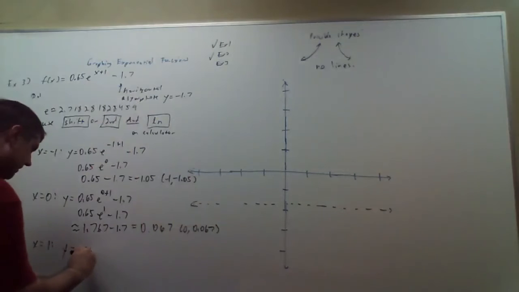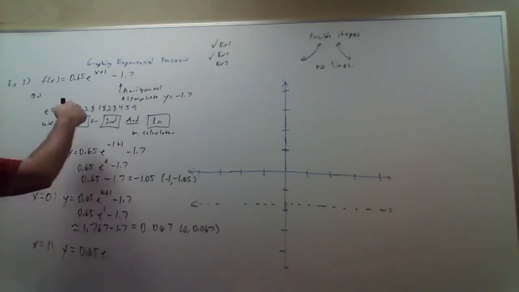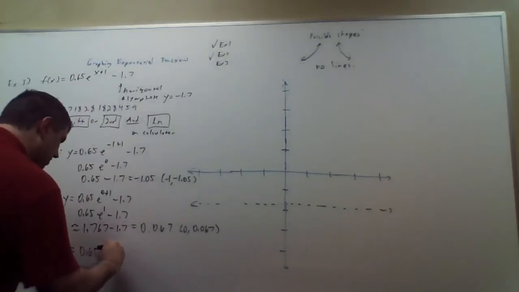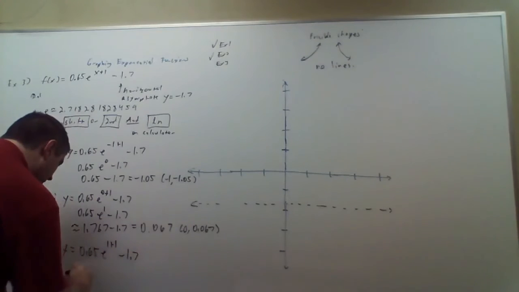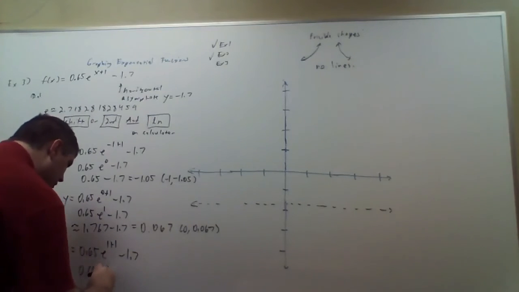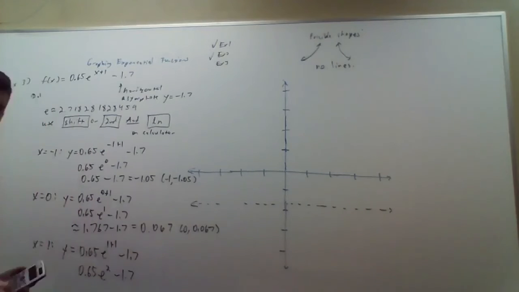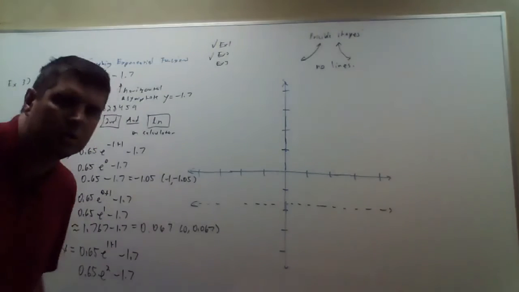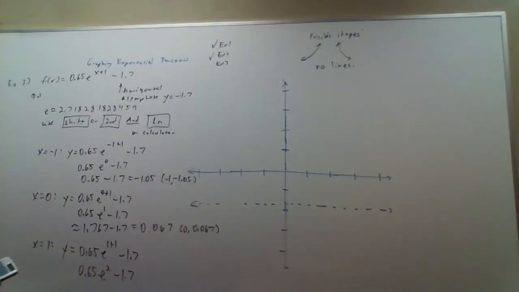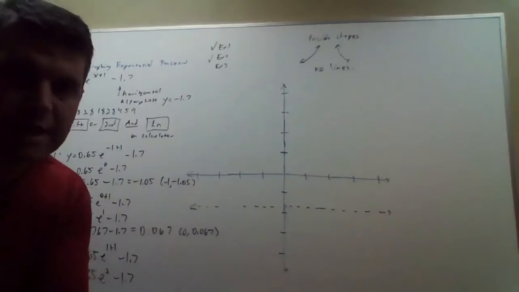And then x equals 1. y equals 0.65 e to the 1 plus first minus 1.7, so 0.65 e squared minus 1.7. I'm going to need to tilt the screen down.